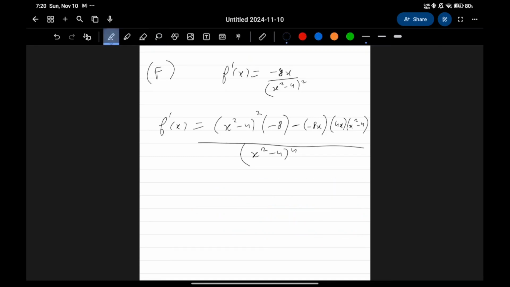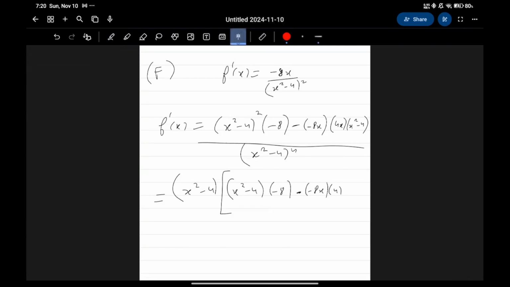Okay, let's clean up the top. Let me take one of those factors common, x squared minus 4. I'm left with one factor inside, minus 8 minus 8x times 4x, and the one factor that was here has gone outside, over (x squared minus 4) to the power 4.